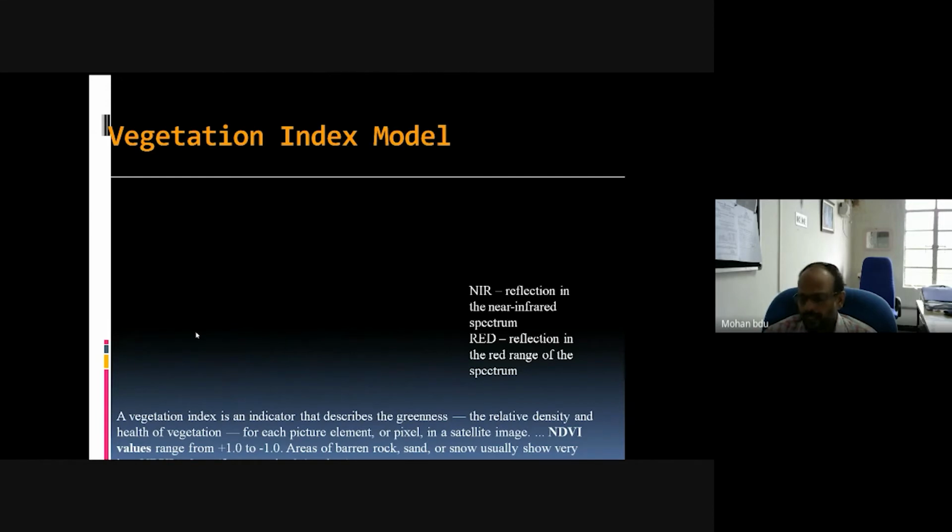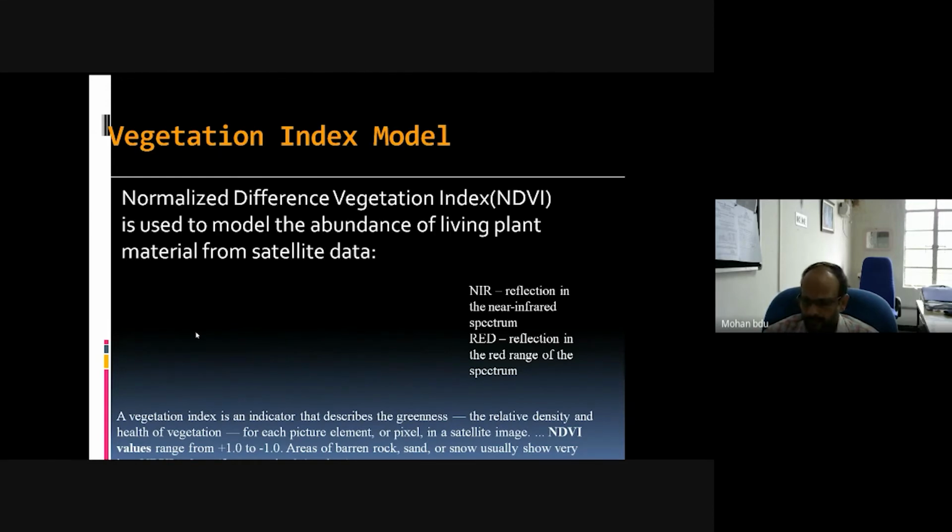So, for example, in the EIA, while assessing the impact of a proposed project on the environment, for example, if the project is likely to come up in a forested area or a protected area where there is vegetation or a forest or even agricultural land, the normalized difference vegetation index (NDVI) is used to model the abundance of living plants from the satellite data.